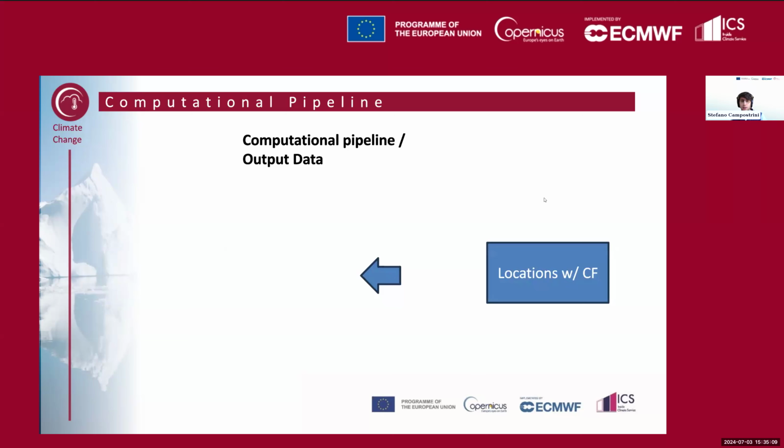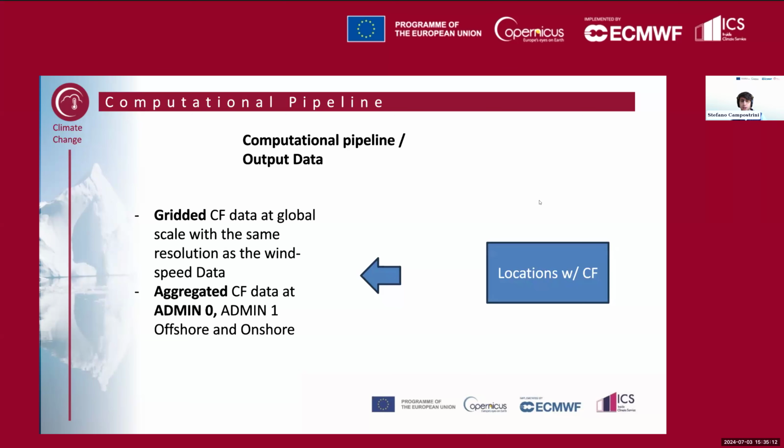Now, what do we do with these location capacity factors? We can provide gridded capacity factor data at global scale, although this is used mainly for internal purposes, and it keeps the same time resolution as the input data.